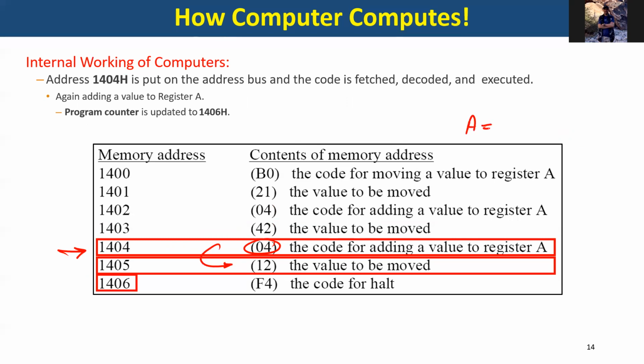So the computer will grab this new number, so it will add 21 plus 42, which is the old value, and then it will add another value, which is 12 now. All that is in A. And once we bring the whole instruction, we move the instruction pointer to the next instruction, which is 1406.